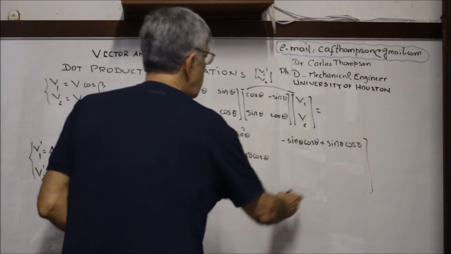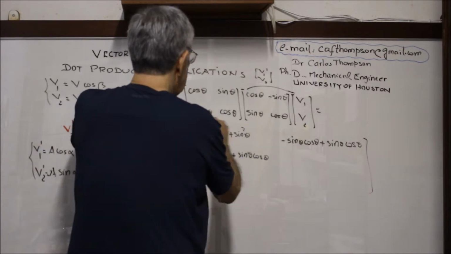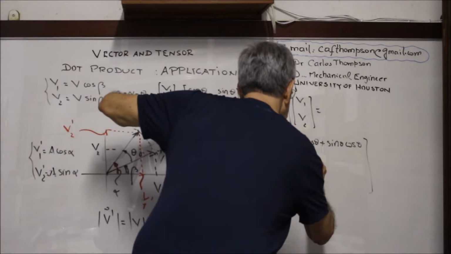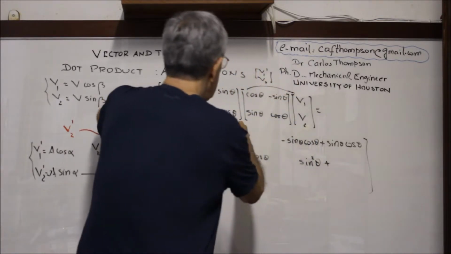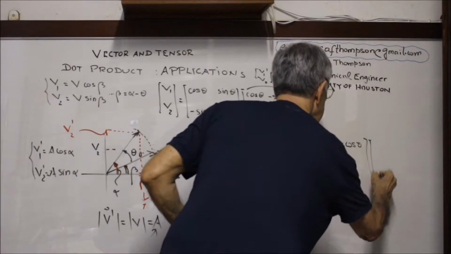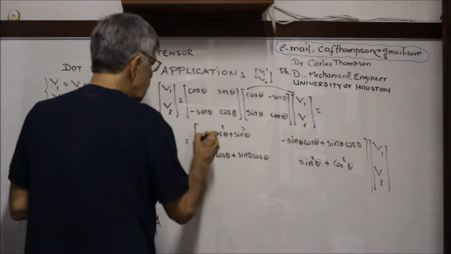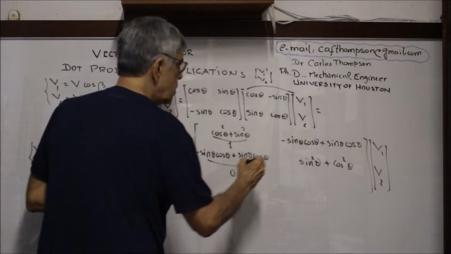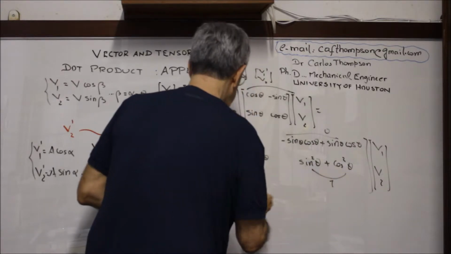Now here second row second column, minus times minus is plus sine square of theta plus cosine square of theta. This is V1 and V2. Now, you see here is 1, here is 0, this one is 0, and this is 1.